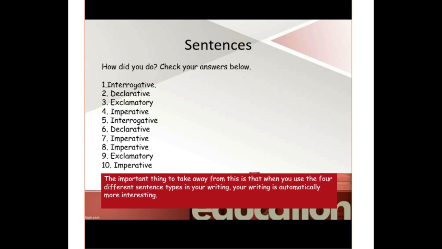10, imperative. The important thing to take away from this is that when you use the 4 different sentence types in your writing, it is automatically more interesting.